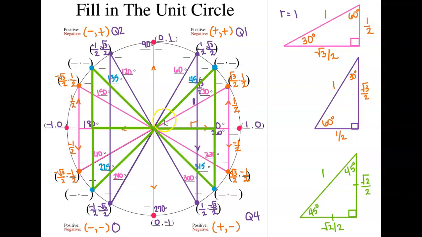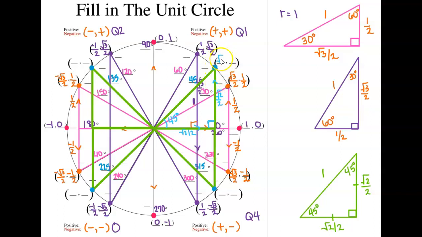So we can see here, if this is a 45-degree rotation, again, here's our right angle here, this length is going to be root 2 over 2, and this other leg is going to be root 2 over 2 as well. So I'm going to the right, root 2 over 2, and I'm also going up, root 2 over 2.